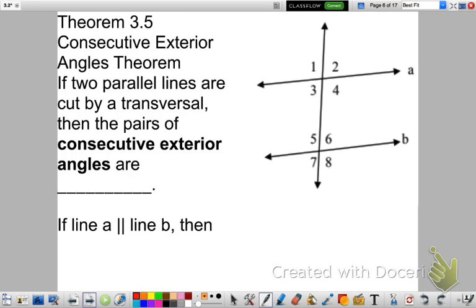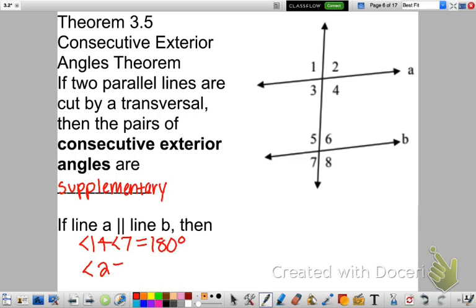Lastly, consecutive exterior angles. They will also be supplementary. So 1 and 7 will be 180, and then 2 and 8 will be equal to 180.